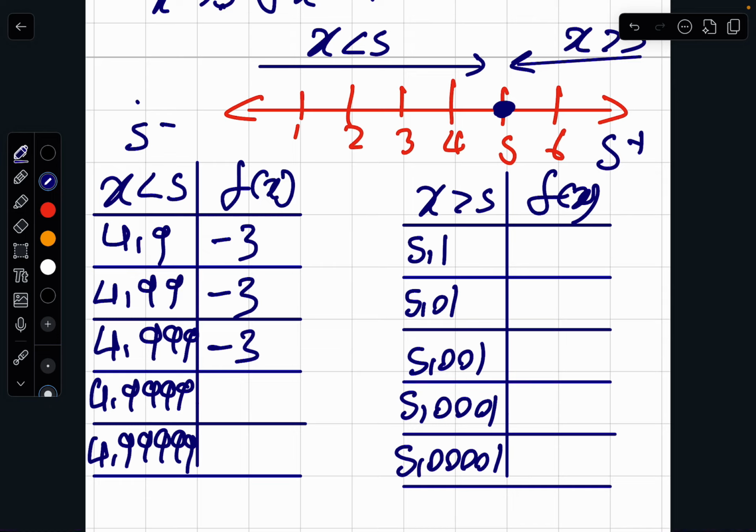You add another 9. Don't act smart. Just put whatever is needed to confirm your way forward. Don't conclude your way forward, confirm it. We have negative 3. Confirm it again. Don't conclude or assume.